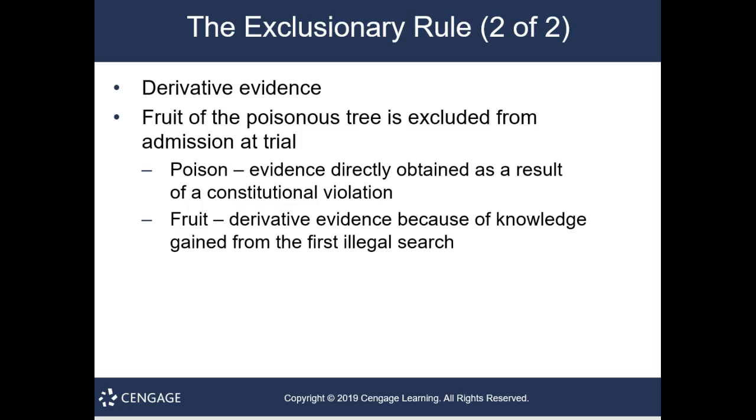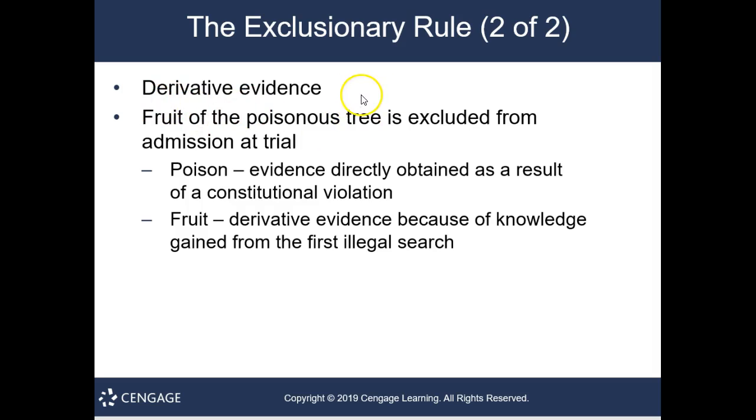Let's assume they find a little stub that says that the person is renting a storage facility, and they think, I wonder if we can find some more drugs in the storage facility. So they go to the storage facility, they open it up, and they find more drugs. Well, that's derivative evidence. It was derived from the illegal search. It never would have been there had it not been for the illegal search. So it is evidence derived from an illegal search.